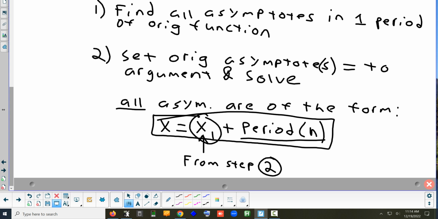And this asymptote that you start with from step two, it doesn't really matter which one you start with. You can start with any original asymptote. I usually start with the first positive one, that's the smallest. And the reason you could start with any asymptote is you can kind of think of it like, pretend you set an alarm to go off every single hour starting at 3 o'clock for the rest of your life.